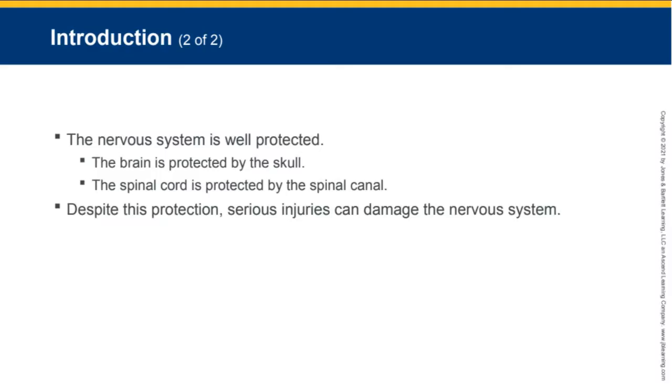The spinal cord is protected by the spinal canal. Despite this protection, serious injuries can damage the nervous system. So even though it's well protected, if the force applied to the area is significant, these structures can be injured.